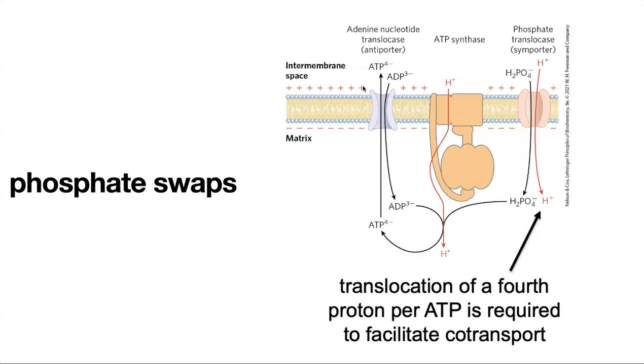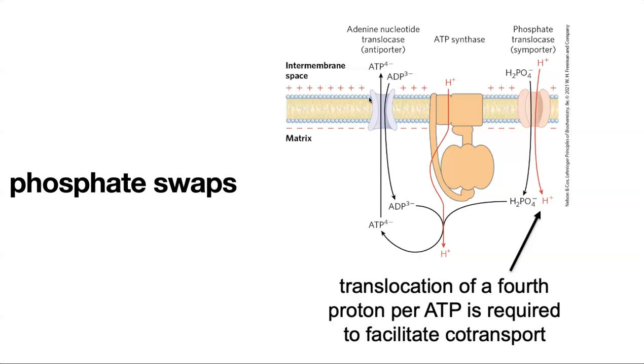However, remember that the only reason that it was favorable was because we'd spent energy in order to pump out the protons. So although we're not directly seeing the protons involved here, that energy from the proton pumping was contributing. And so we're not changing proton concentrations on either side, but we are in effect dissipating the gradient of charge.